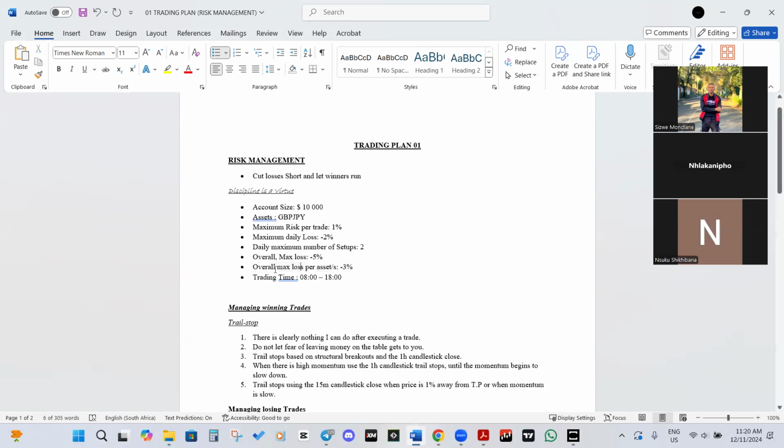That's why I put it like this. This is based on my backtesting, just like the overall max loss. It's very unlikely for me to hit -5% when I'm trading in a good state of mind.